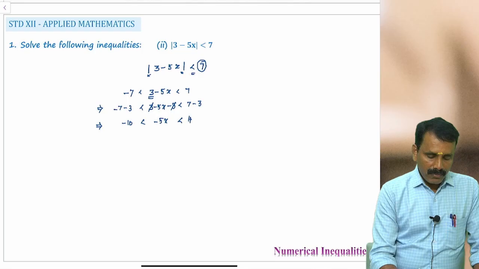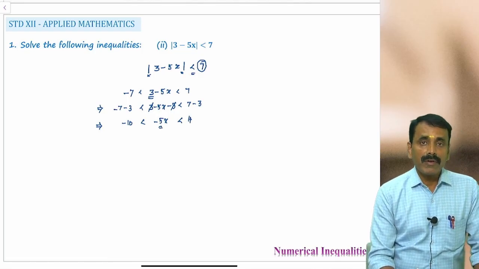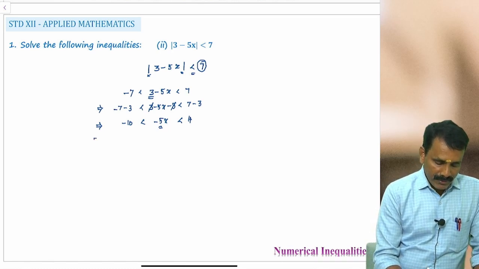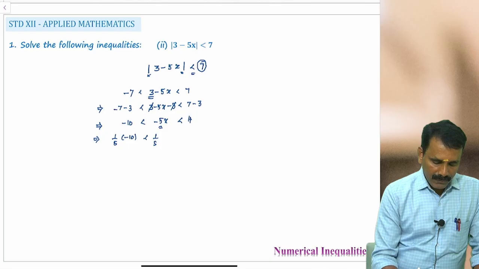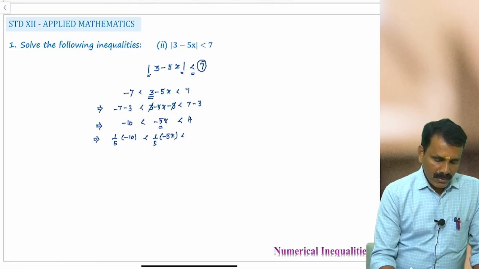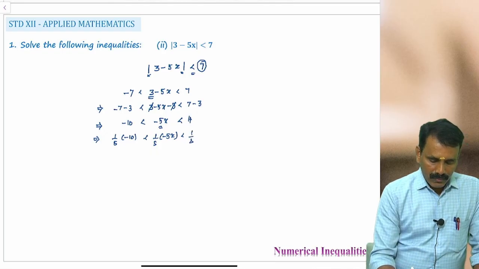Next we try to eliminate 5. To remove 5, which is in multiplication, we multiply with the multiplicative inverse of 5, which is 1 by 5. So we write 1 by 5 into minus 10 less than 1 by 5 into minus 5x less than 1 by 5 into 4.